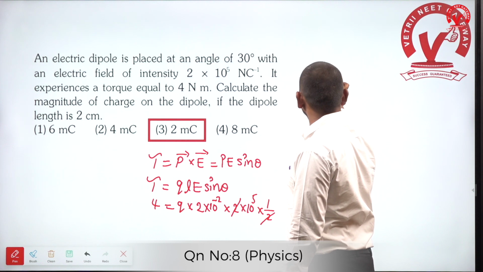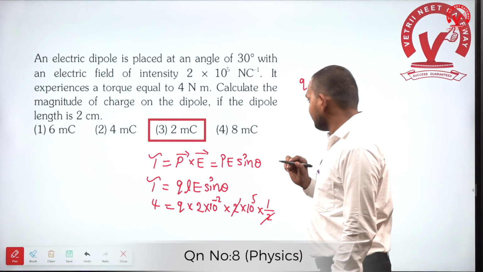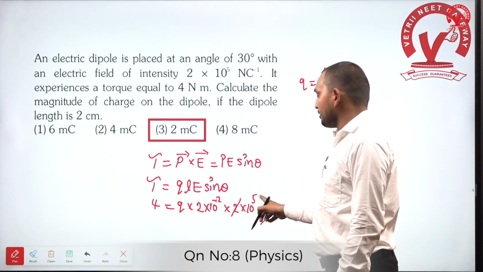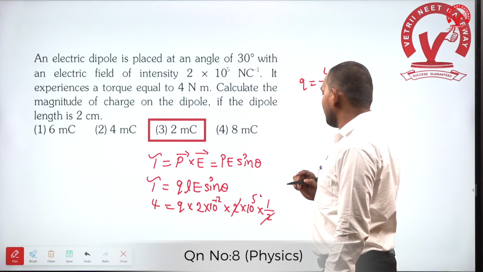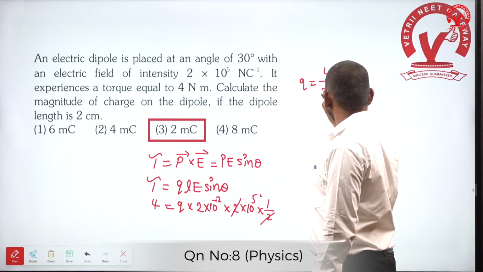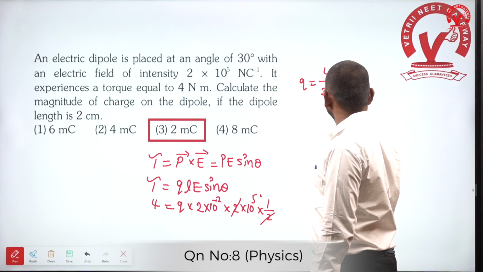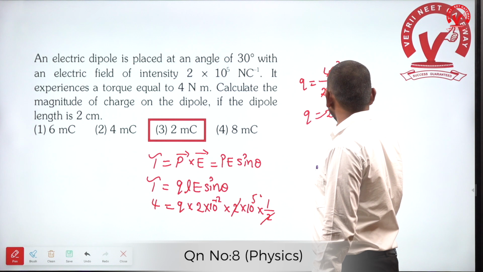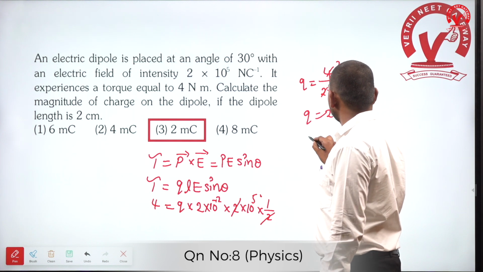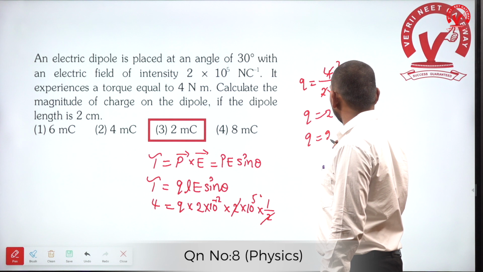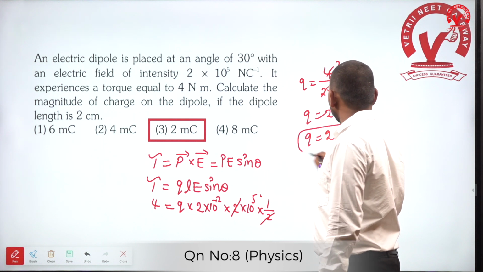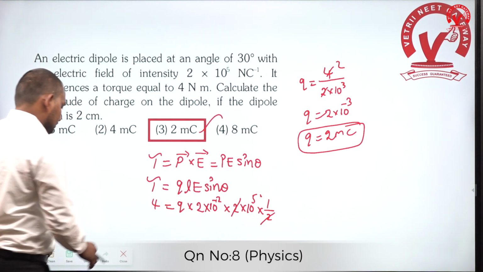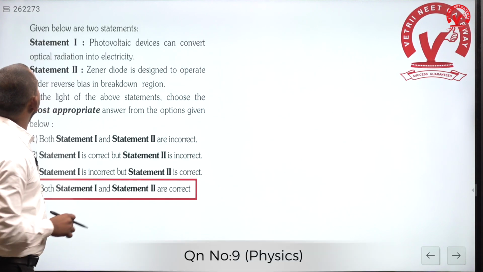Q is equal to 4 divided by, here 10 power minus 2, 10 power 5 is there, 10 cube you will get 2 into 10 cube. 2 ones are 2, 2 twos are 4. Q is equal to 2 into 10 power minus 3, then Q is equal to 2 millicoulomb. That is option 3. We'll move on to the next question.